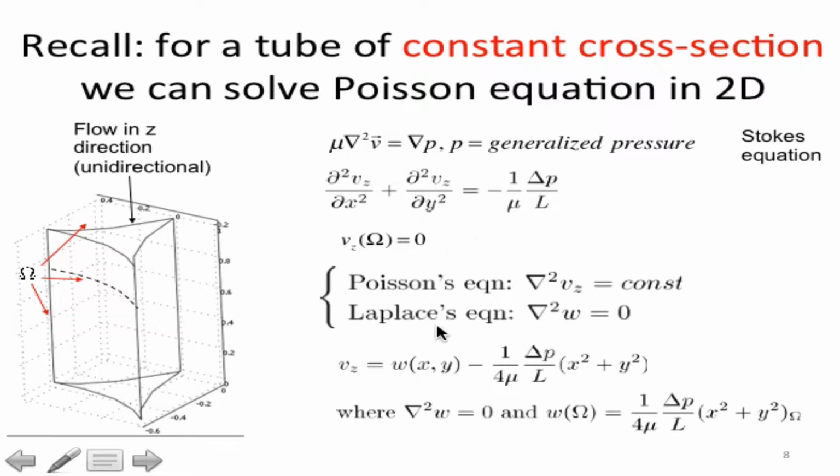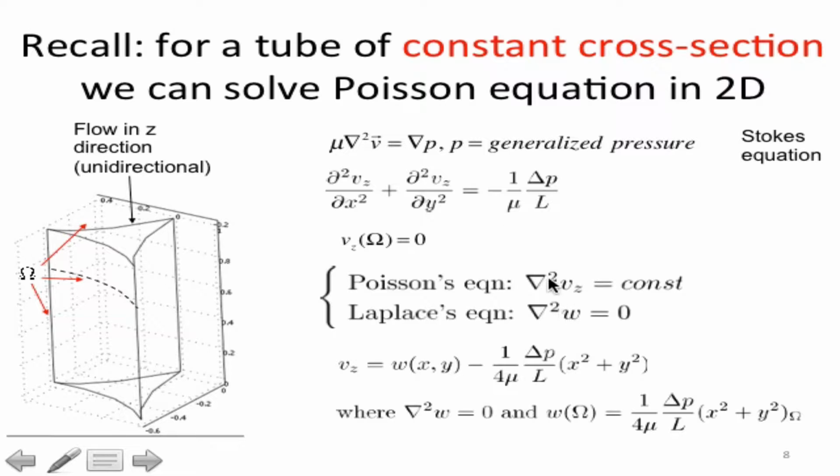This is what's called a Poisson equation, because in my general case, delta p over mu L will be a constant, so the Laplacian of Vz is equal to a constant. I can also rescale if I replace Vz with w of x, y, minus this constant over 4 times (x squared plus y squared), so that when I take the Laplacian of this, I get precisely this constant here.